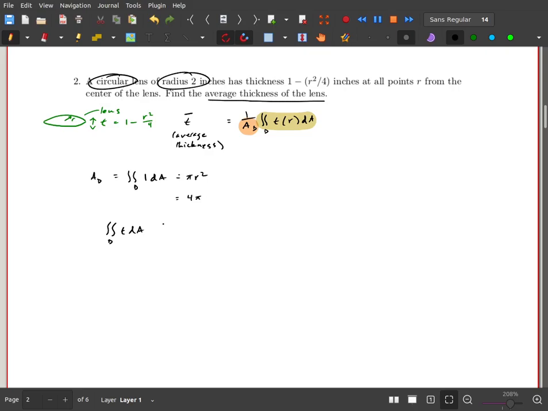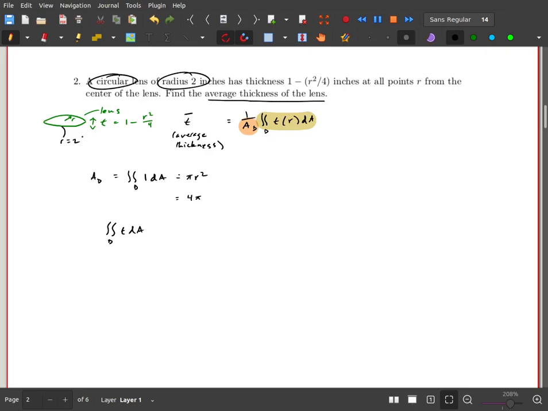Since it's a circle, we should most likely use polar coordinates. You can use Cartesian coordinates, but it's going to be a bit more work. When it's a circle, we can use polar coordinates. So how do we describe our circle of radius 2 in polar coordinates? Well, that will just be r equals 2.